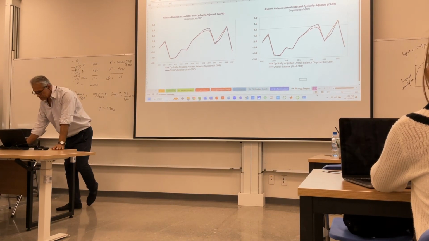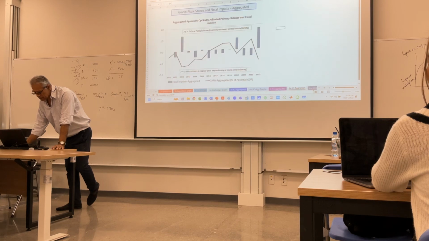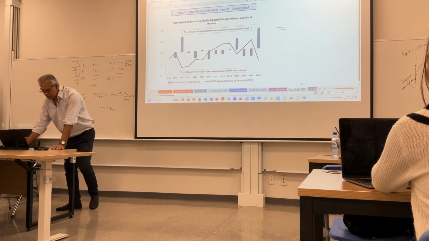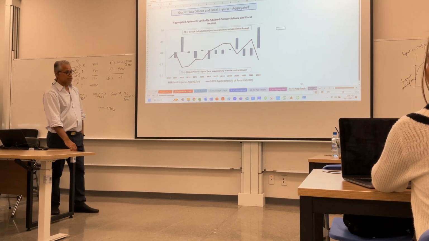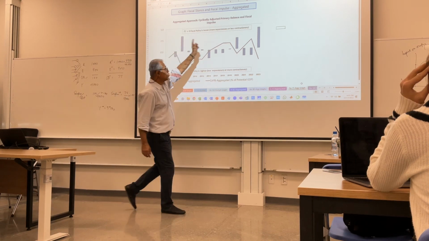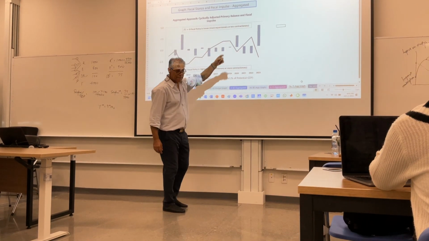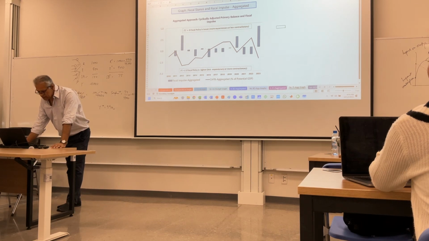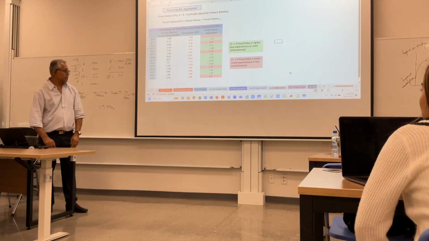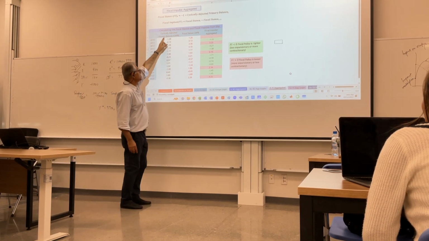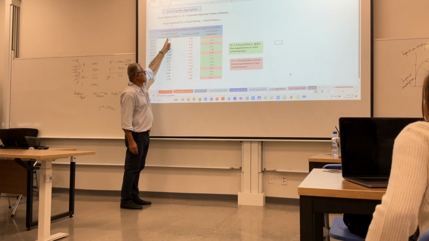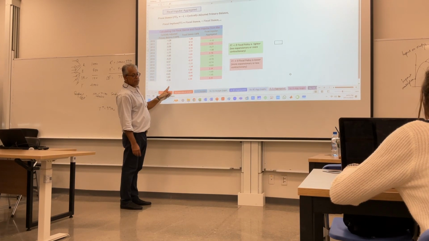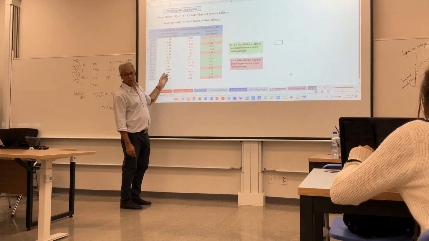And it will create this picture for you as well, but it will just do it with the overall balance. And here again, in terms of this particular thing, instead of the cyclically adjusted primary balance, you'll have to put in the cyclically adjusted overall balance.